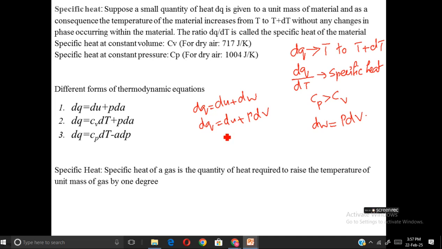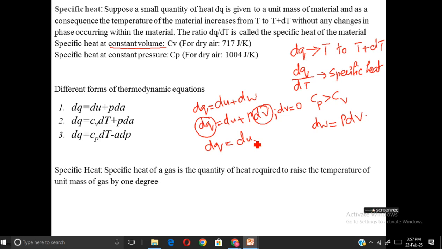So suppose when we are supplying the heat dQ at constant volume, then dV will be 0. This quantity dV will be 0 if we are supplying it at constant volume. The heat that we are supplying is not used to create any change in the volume of the system. So in that case, dQ will be used solely to increase or change the internal energy of the system. So it will attain a higher temperature faster.